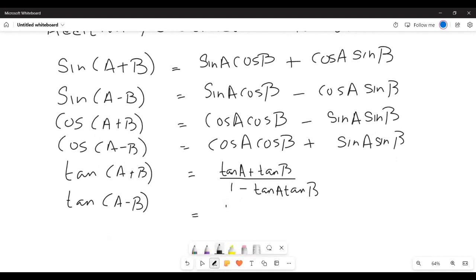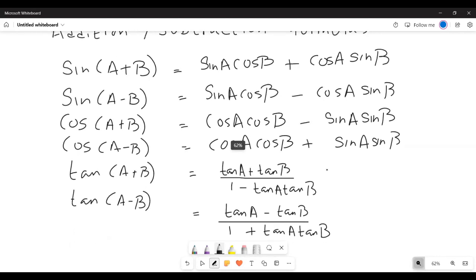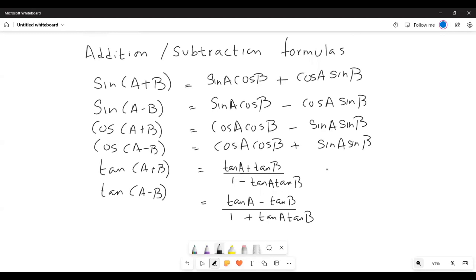Similarly, here we have tan a minus tan b upon 1 plus tan a tan b.